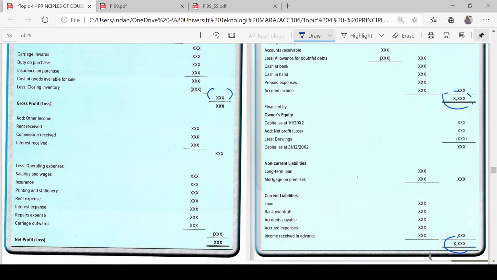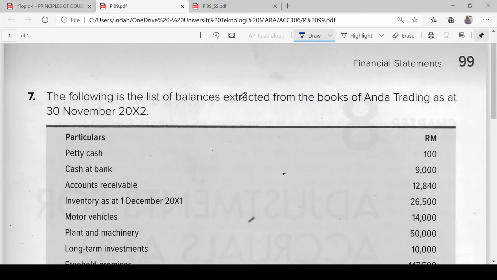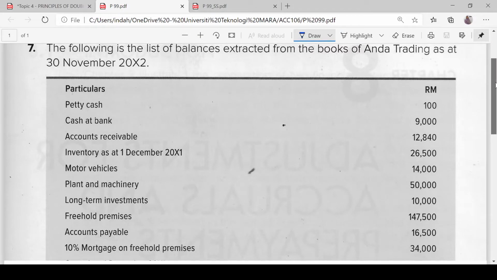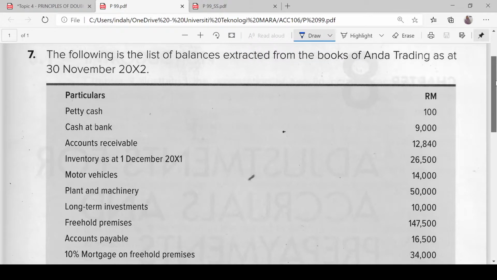Now, from the list of balances extracted from the books of Anda Trading as at 30th November 2002, before we proceed with the preparation of the financial statements, we should classify these items first into their categories, so it would help us to prepare the statements more easily.